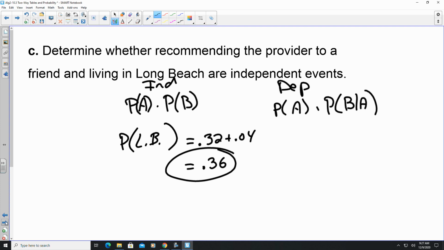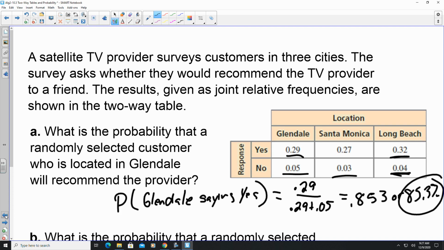For it to be a dependent event, it's going to be the probability of somebody that lives in Long Beach and also says yes. So you're looking at the people that said yes in Long Beach, which was 0.32, divided by all of the yeses. The yeses were 0.29, 0.27, and 0.32.